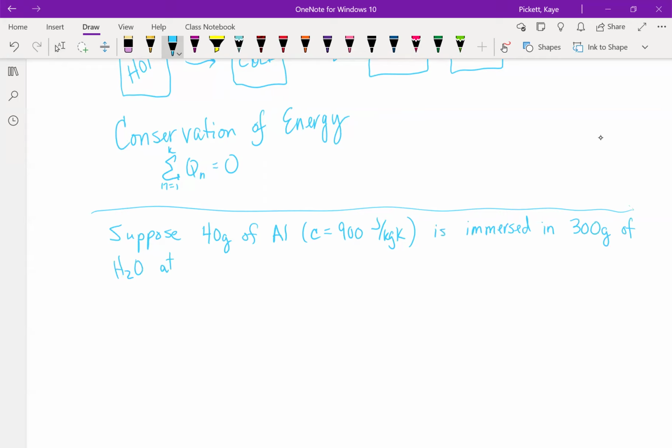Oh, I forgot to put the temperature in there. At 395 Kelvin, at 295 Kelvin, what is the temperature at equilibrium?